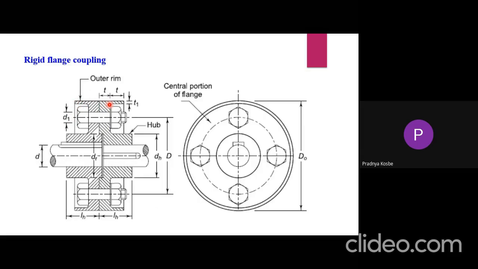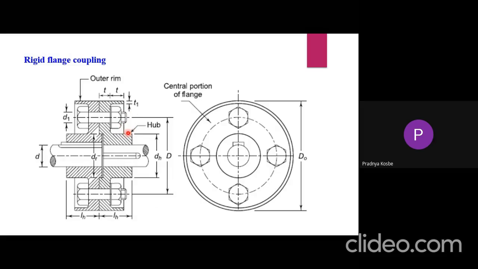This is the thickness of the flange, and extra portion is provided for the protection. If this portion is not there, then this flange is known as unprotected flange coupling, and this portion which is covering nut and bolt arrangement, it is for the protection.